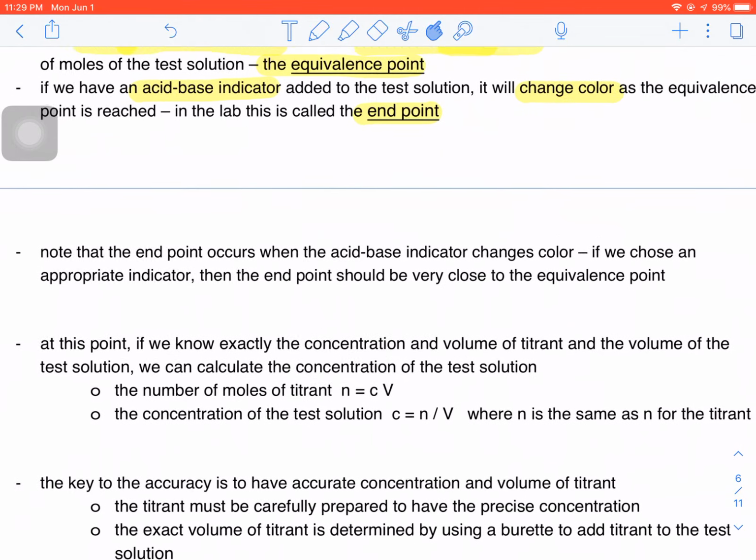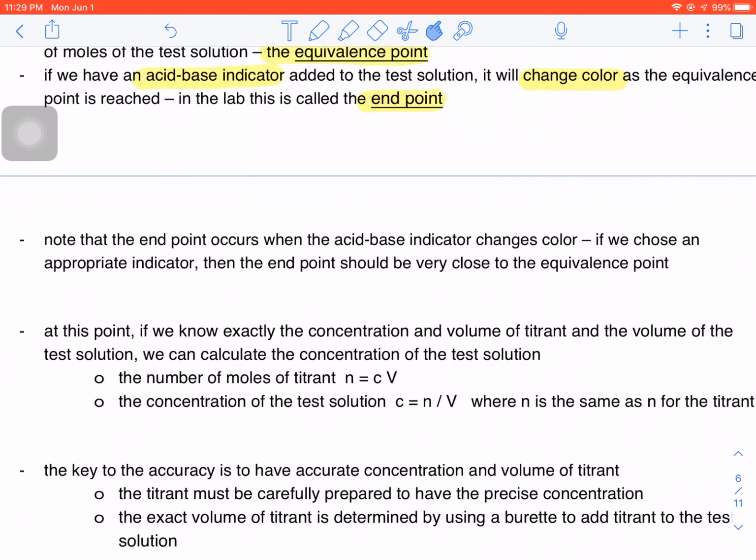Now, remember, our endpoint here is going to be determined when I get that color change for my indicator. Part of the goal here is that there are so many different acid-base indicators that we can choose, and we've got to choose the right one.